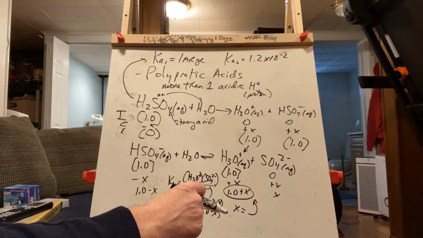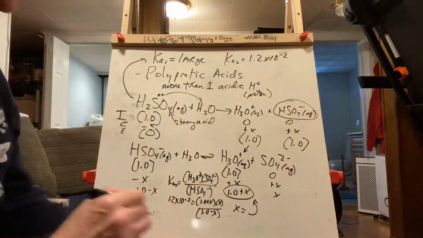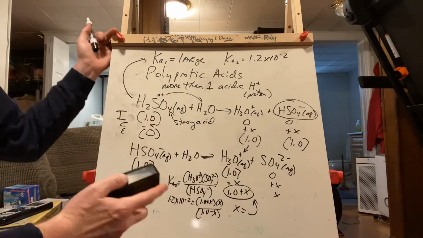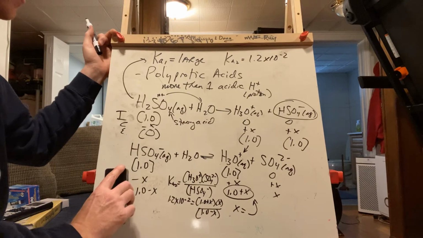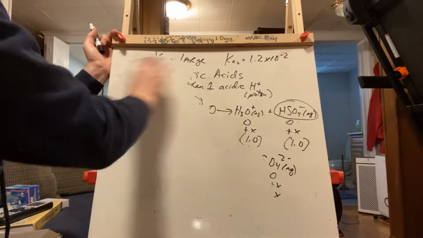Okay, I also want to highlight a couple things. This HSO4- reminds me that there's a thing called an amphiprotic species. I'm going to give you another one of those in a second.